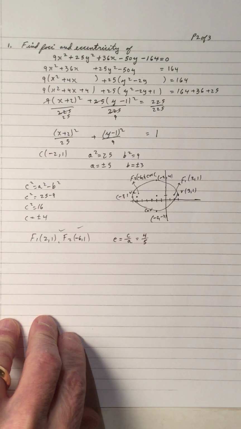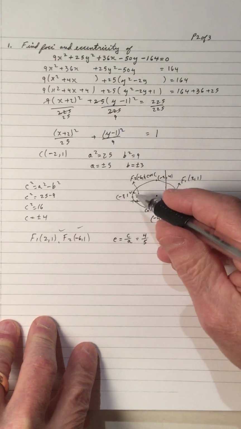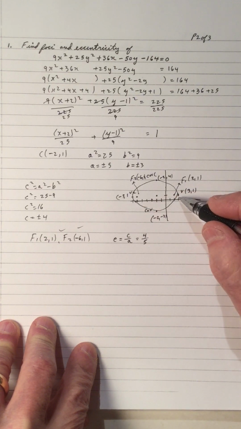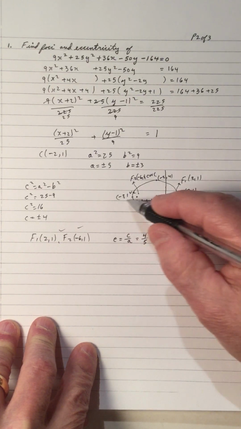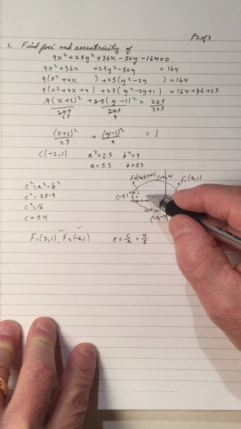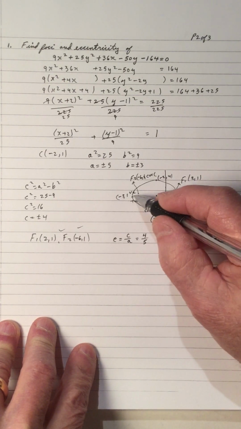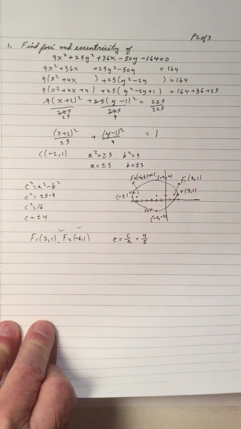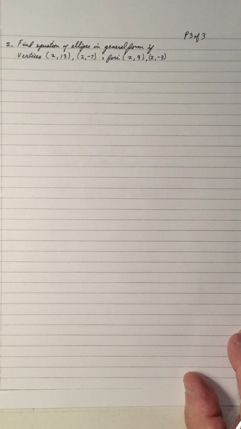I mapped it so you can see that the vertices and the foci lie on the major axis, which is horizontal. That's why we add c and a to the center on the x, and when you go this way, you add it to the y to get the co-vertices.